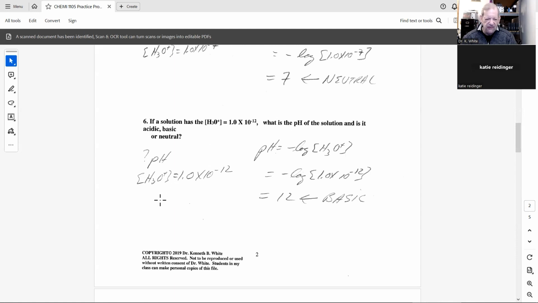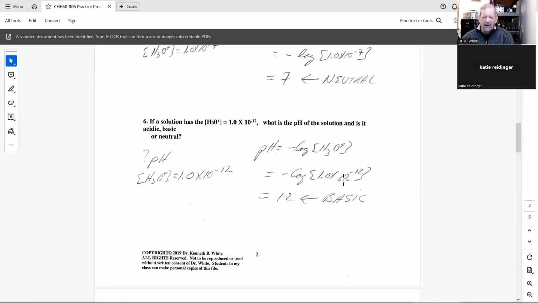What is the pH? What are we given? The hydronium ion concentration is 1.0 times 10 to the minus 12. Now, as you saw, important information, pH equals minus the log of the hydronium ion concentration. We put in the hydronium ion concentration.